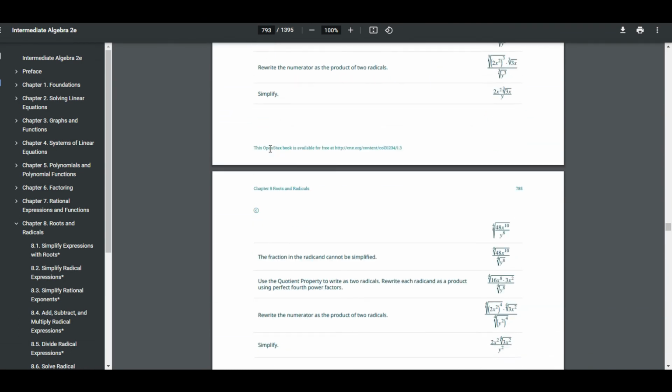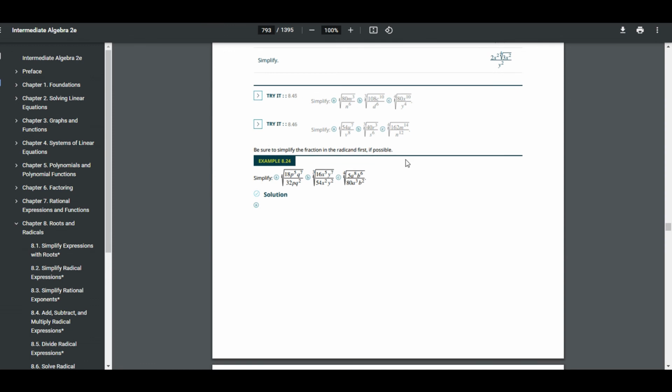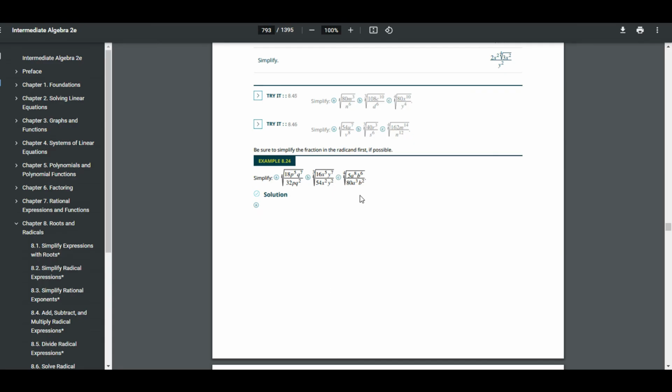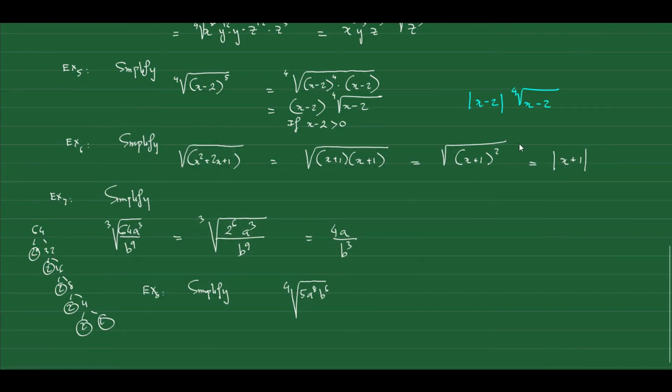There you go. Alright. How about I have the fourth root of 5a^8 b^6 over 80a^3 b^2.